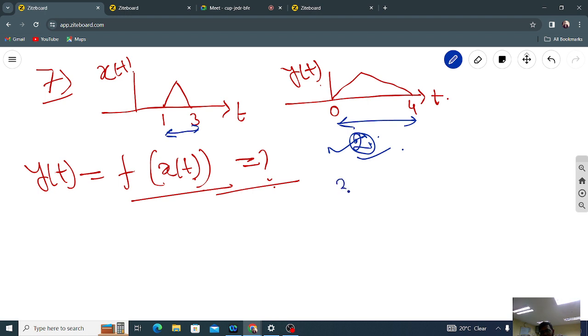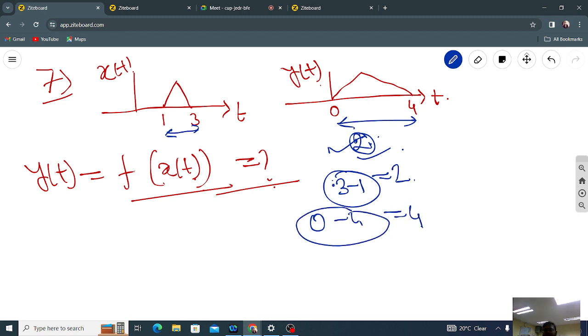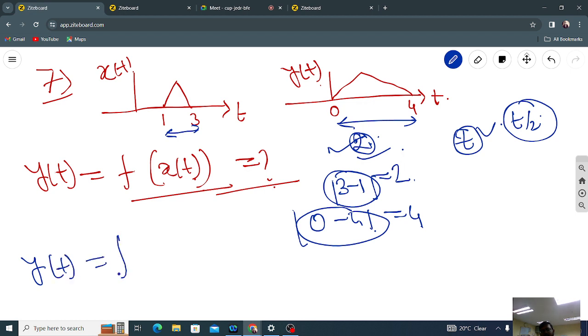Because from 1 to 3 the distance is 2, but from 0 to 4 the distance is 4. So there is some scaling in the t-axis, that is t by 2 factor. So obviously y of t should be some function of x of t by 2.